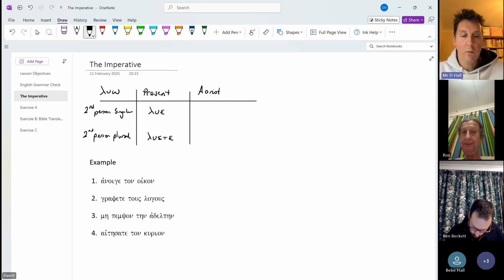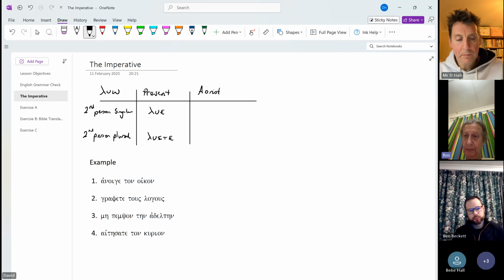It's spelt exactly the same way, which means that when you come across a second person plural in the present tense, it could mean the indicative or it could mean an imperative, and the context will determine which it is, and more of that will come out later. So you usually will understand whether somebody is requesting something or whether somebody's just making a statement in the second person plural. Second person singular, it's different, so you can tell that.